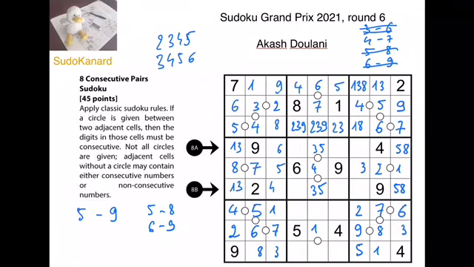Here we need 6 and 7. There's a 6 here. This has to be a 2 because of the consecutive dot. 2, 3, this is a 9.